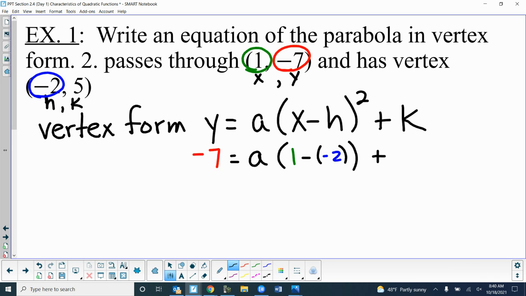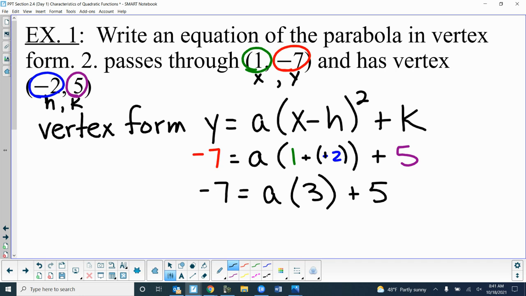Plus k, we'll use purple. Just substitute in. Well, what is minus a negative 2? This is addition, right? So we can go back to the black now. So negative 7 equals a times 1 plus 2. What's 1 plus 2? 3, right? Plus 5. Okay, so how do I solve for a here?